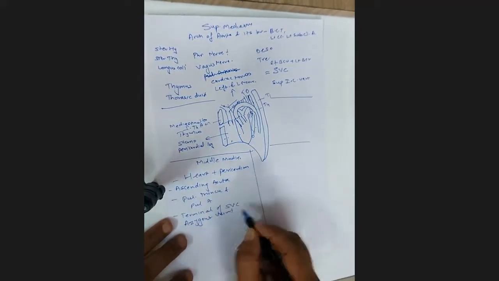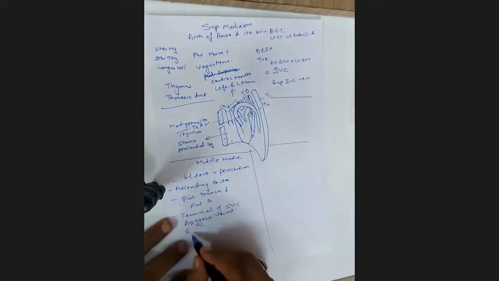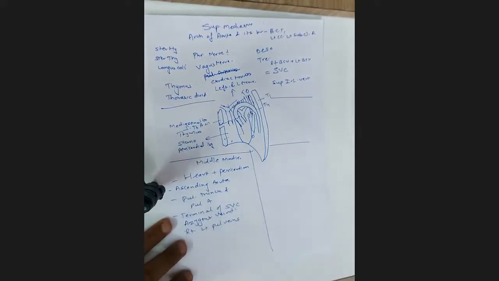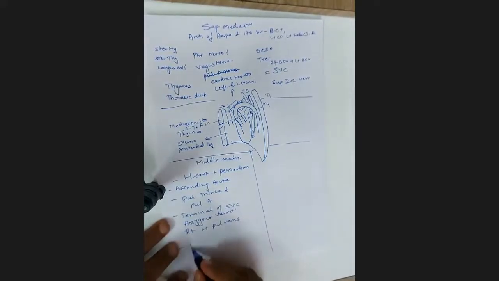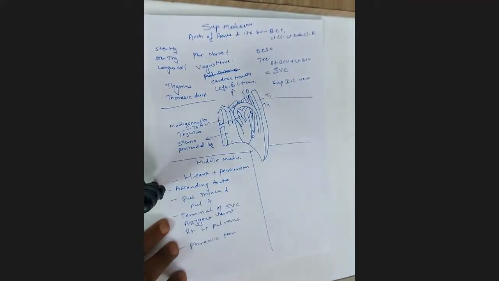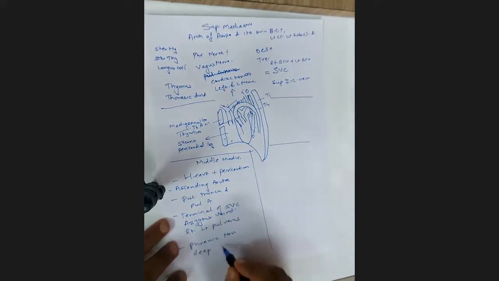Then we have the right and left pulmonary veins. Amongst the nerves, there is the phrenic nerve, which is coming from the superior mediastinum. Then some tracheobronchial lymph nodes, and the deep cardiac plexus will be here.